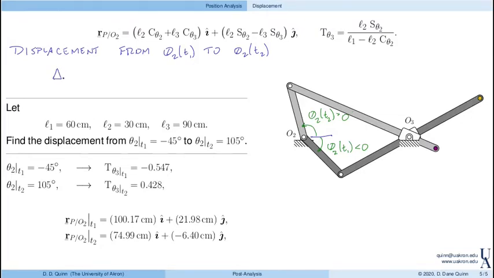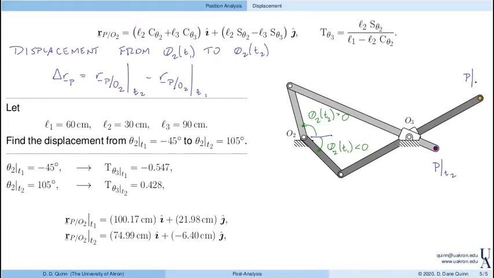Then the displacement's always represented as delta rp. This large delta is just a standard notation for change. So it's the position of P with respect to O2 at time t2, final, minus initial. Right, so again, it's the final position. So in particular, this would be P at time t2.